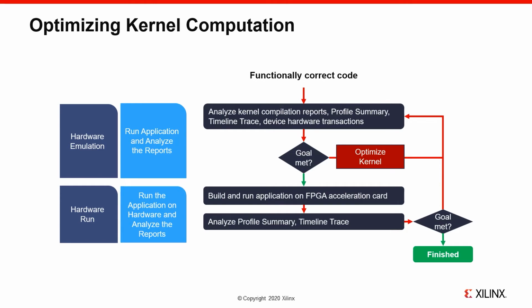The key metric is the initiation interval. You'll see this annotated as two capital I's, double I, in the kernel reports. This is the number of clock cycles before the kernel can accept new input data, and this is related to the throughput of the kernel. We typically want the throughput to be as high as possible, so ideally we want to achieve an II of 1, or as low as possible while maintaining a high clock speed.